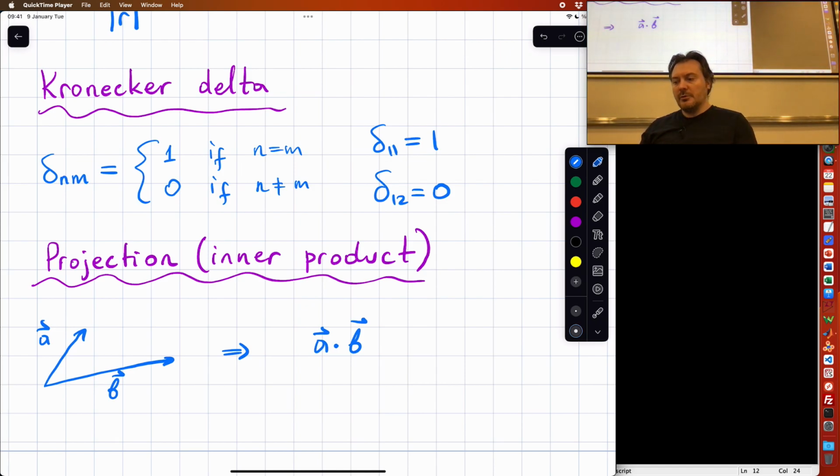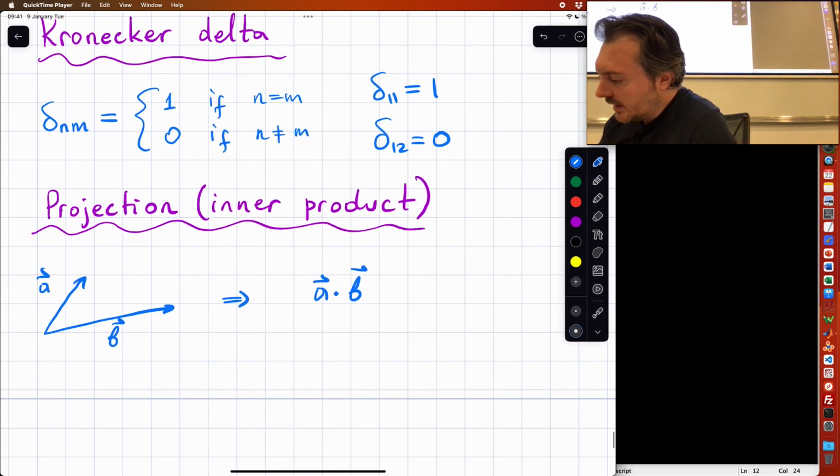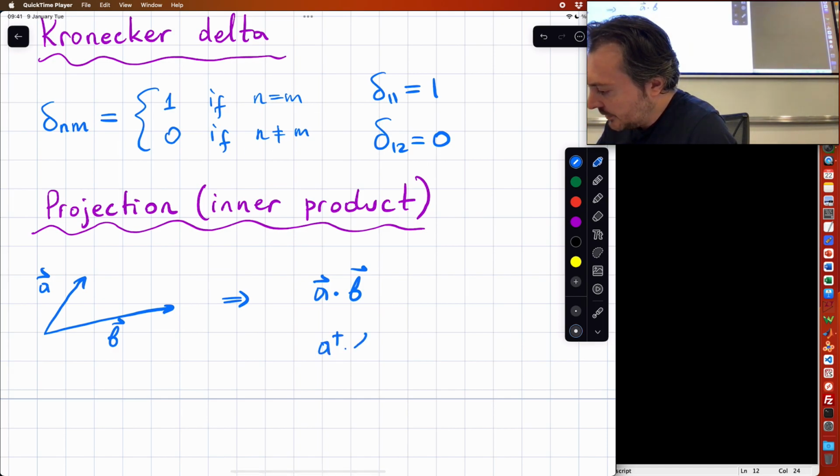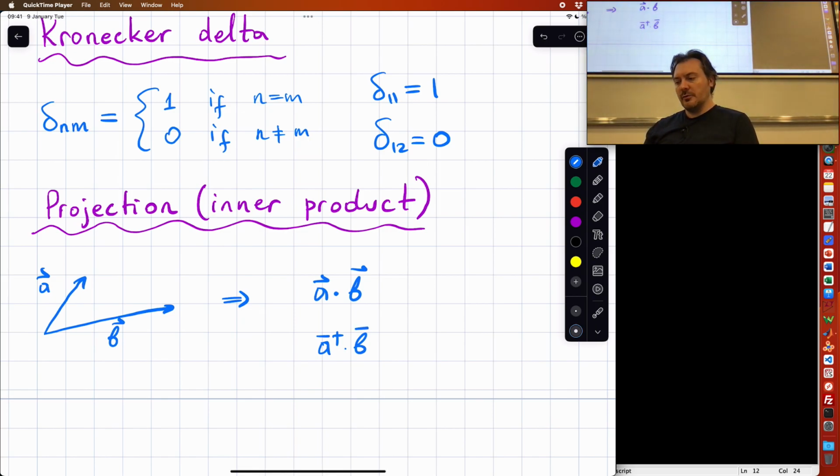It would correspond to projection. How much of a shadow is there of one vector on top of the other vector, right? That's what it represents. So in our case, when we deal with vectors in a matrix form, this corresponds to A dagger times B.